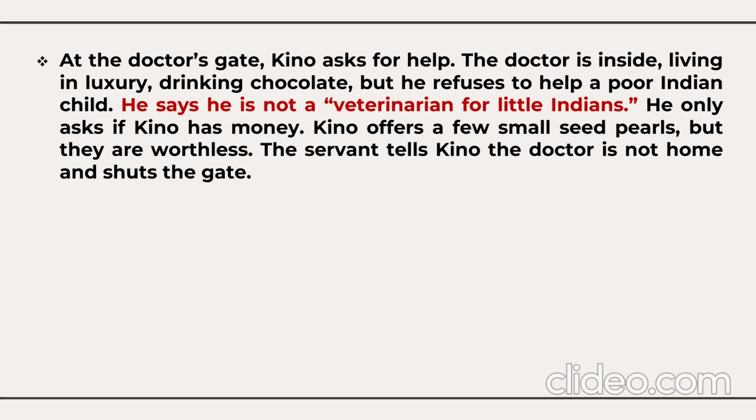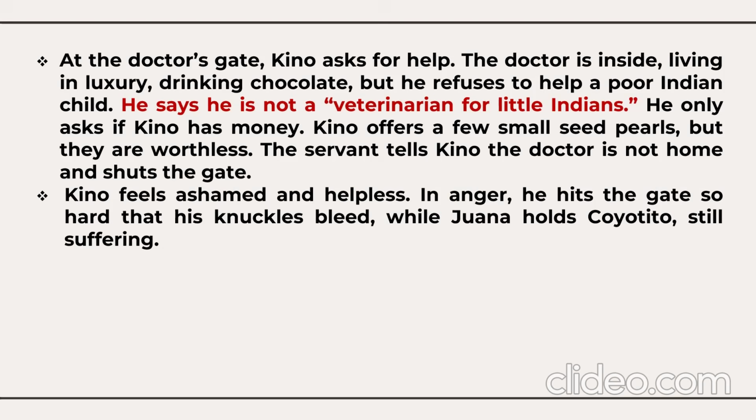Kino offers a few small seed pearls, but they are worthless. The servant tells Kino the doctor is not home and shuts the gate. Kino feels ashamed and helpless. In anger, he hits the gate so hard that his knuckles bleed, while Joanna holds Coyotito, who is still suffering from the pain.